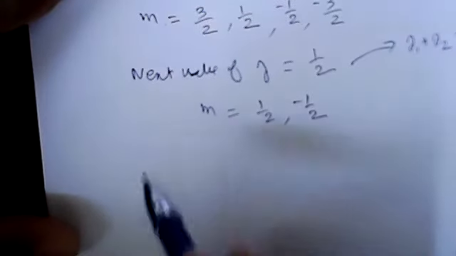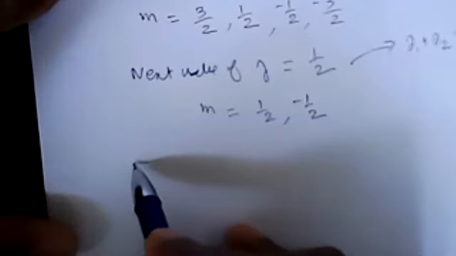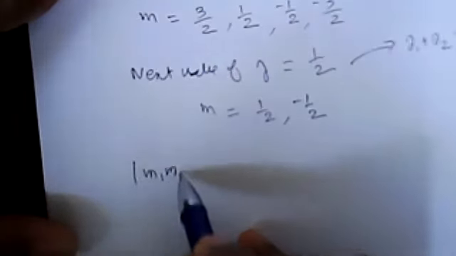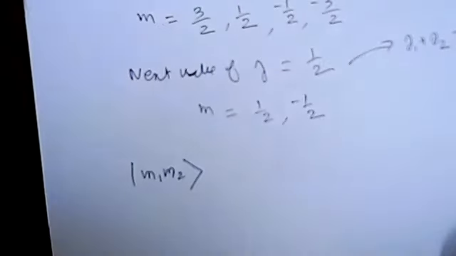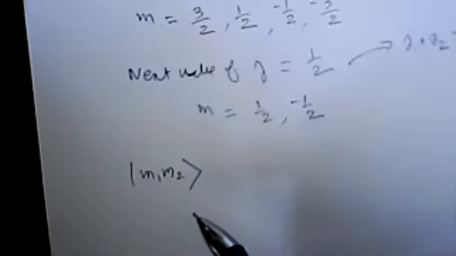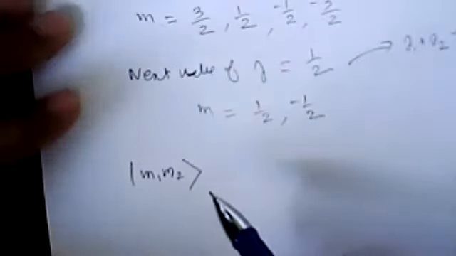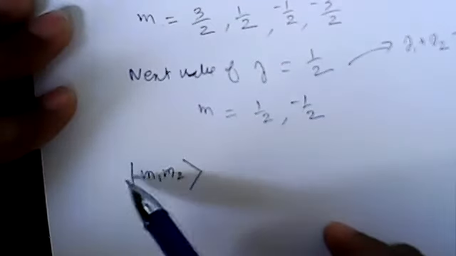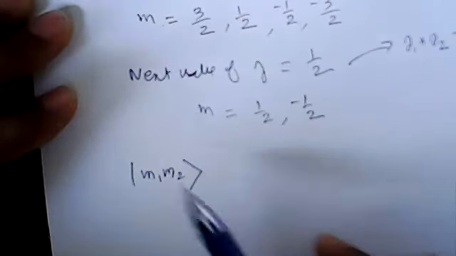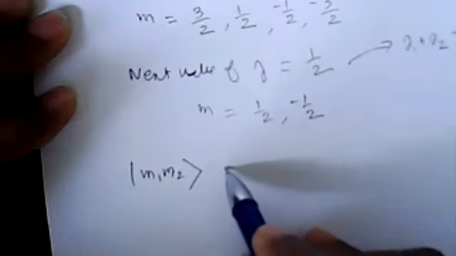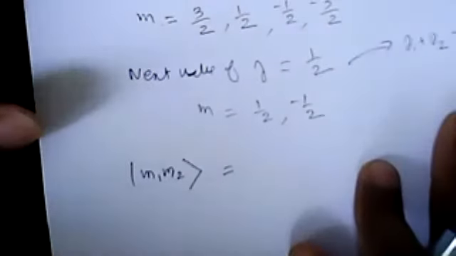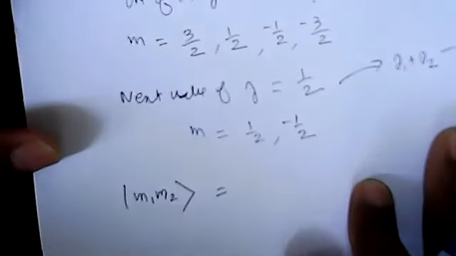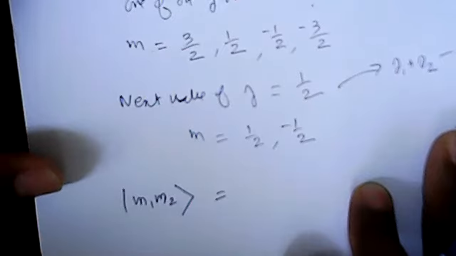The 6 states you can write as M1, M2. Actually J1, J2, M1, M2, but we are neglecting J1, J2 as I said earlier, only M1, M2 we are writing. So what are the 6 states corresponding to these values?